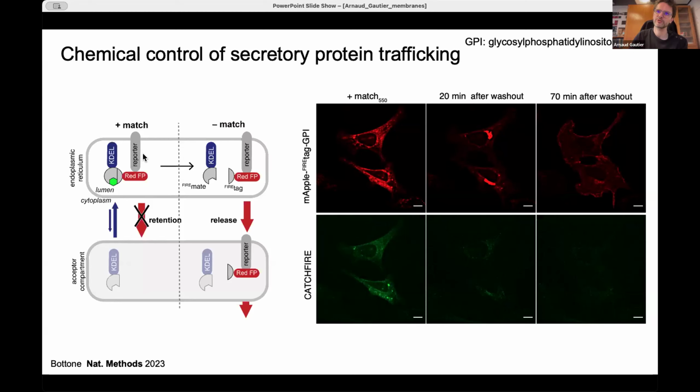Upon washing out the MATCH molecule, you dissociate FIRE-mate and FIRE-tag to start the proper traffic of the reporter protein. After washing, you see the protein in the Golgi, and then later reaching the surface of cells.